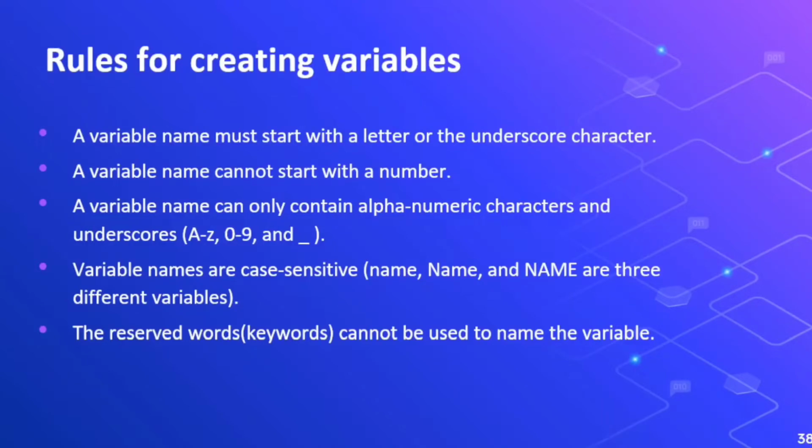So no special words or special characters are used. Only underscore is used as a special character in a variable name. So we cannot include special characters other than underscore to declare a variable.